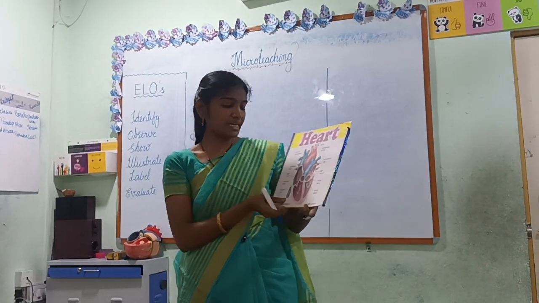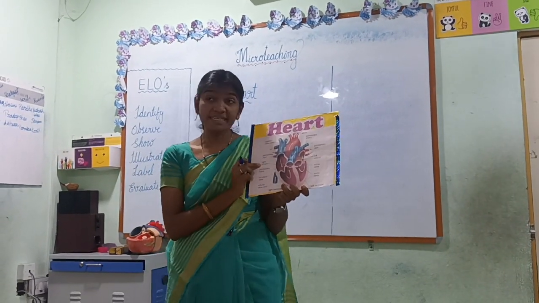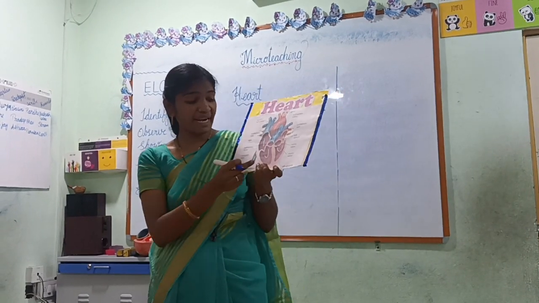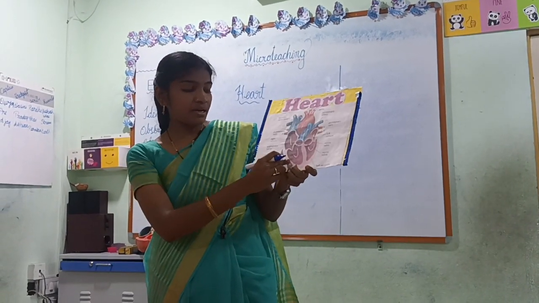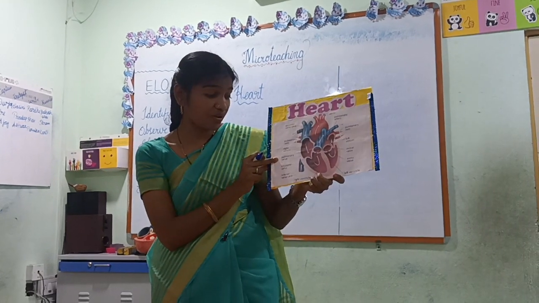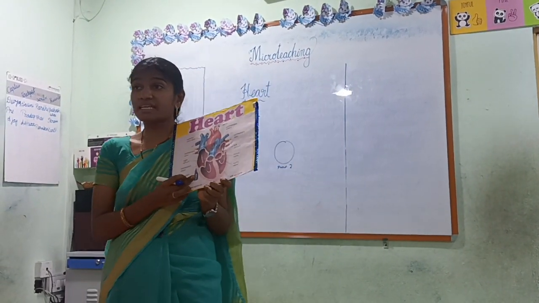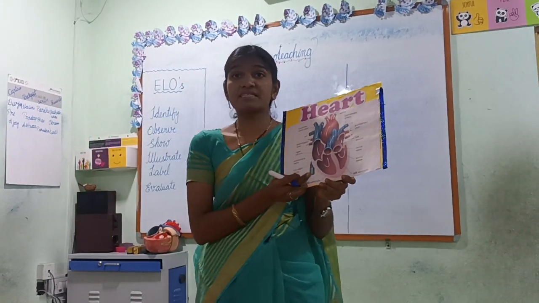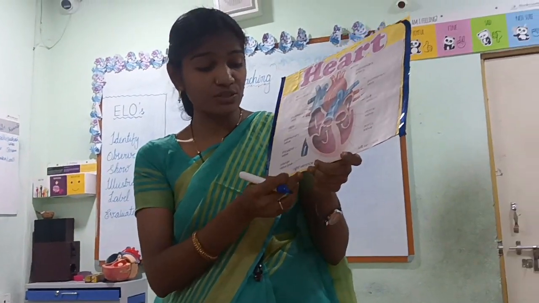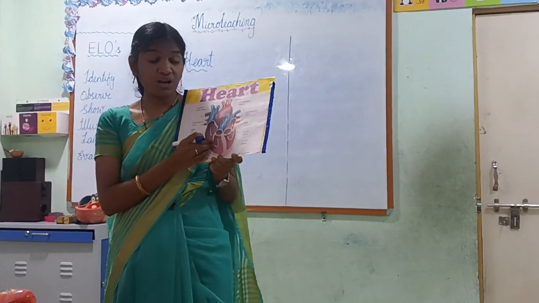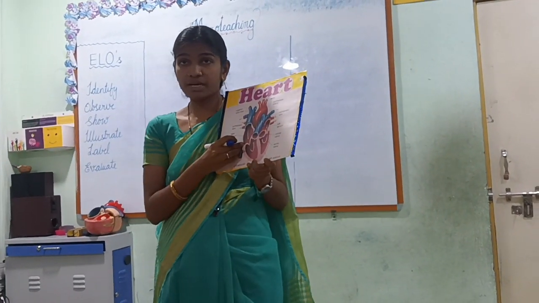See here, the blood collected in the right atrium will travel into the right ventricle with the help of the tricuspid valve. When the blood has filled the right ventricle, the tricuspid valve will close.